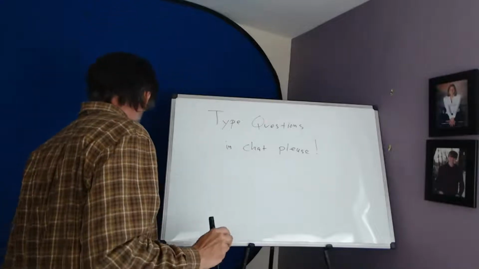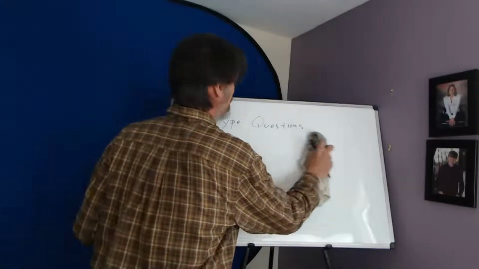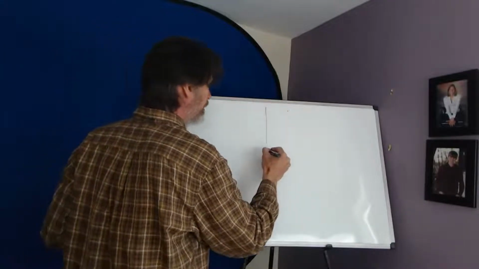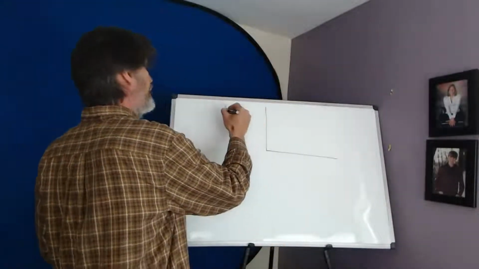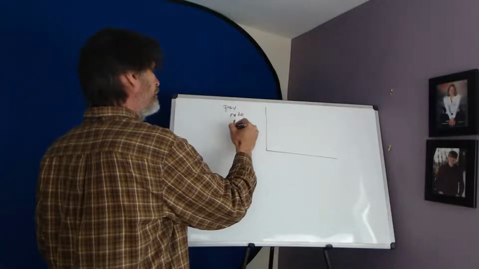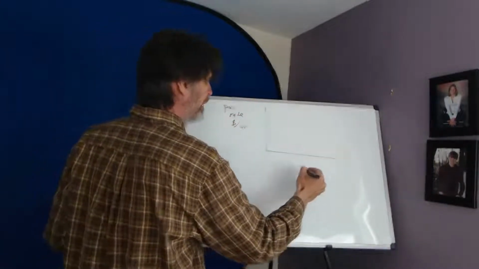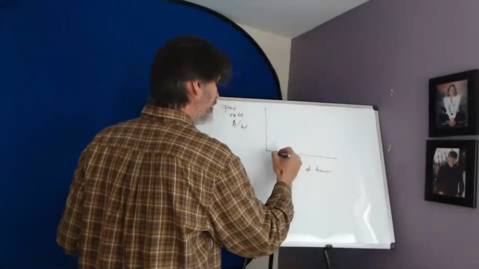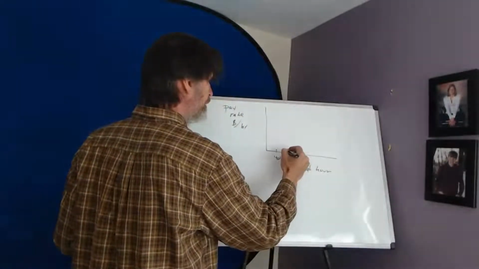So we have a graph, and here's the pay rate, in dollars per hour. And here's the number of hours worked. Notice my grid is set out 40, 80.